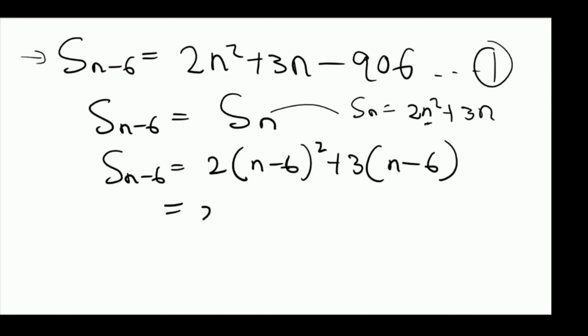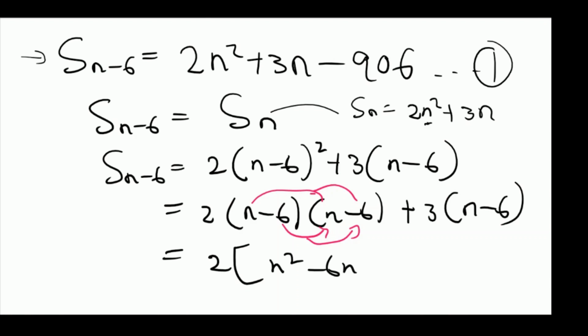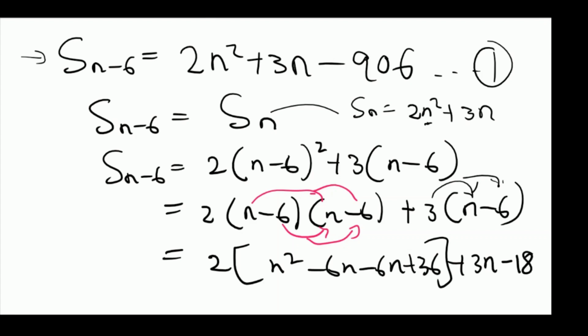Then we expand this expression, so it's n minus 6 squared plus 3 into n minus 6. Then we're going to find the product of this expression here. So it's going to be 2 into n squared minus 6n minus 6n plus 36, plus, then you multiply the 3 inside, you will have 3n minus 18.